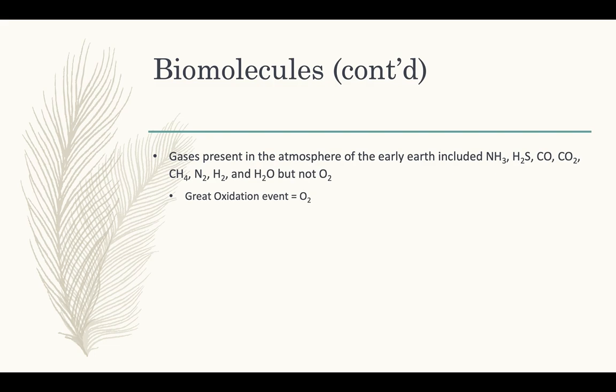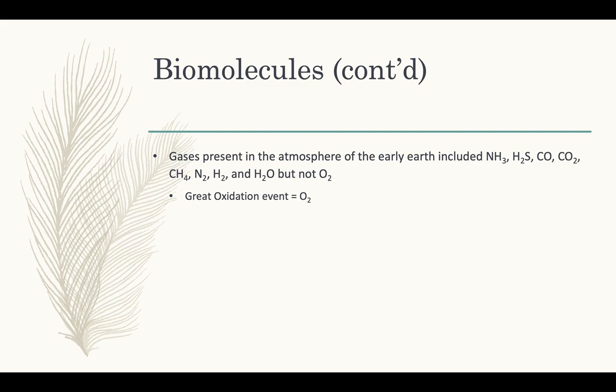Why? As we've said, in the early Earth there was no oxygen present, so the atmosphere was very anoxic. It follows that the energy generating metabolism of the primitive cells was exclusively anaerobic.